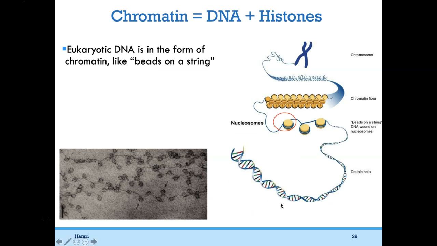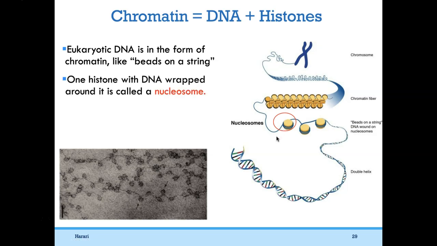So here's our DNA double helix, and it gets wrapped around histones like beads on a string. One bead with string wrapped around it, meaning one histone with DNA wrapped around it, is called a nucleosome. And DNA is 10,000 times more compact when it's wrapped around histones.